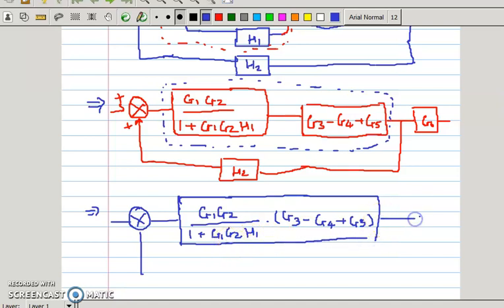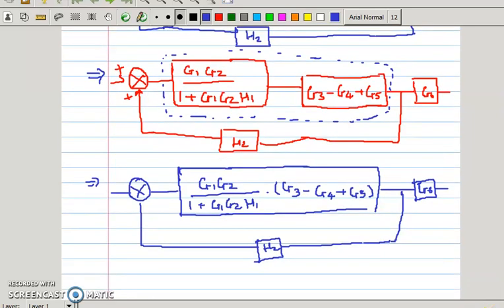And the last block is as it is, G6, okay? And this is the feedback that came from this side. Here is the feedback, this is the H2, okay? Let's go on the next page.